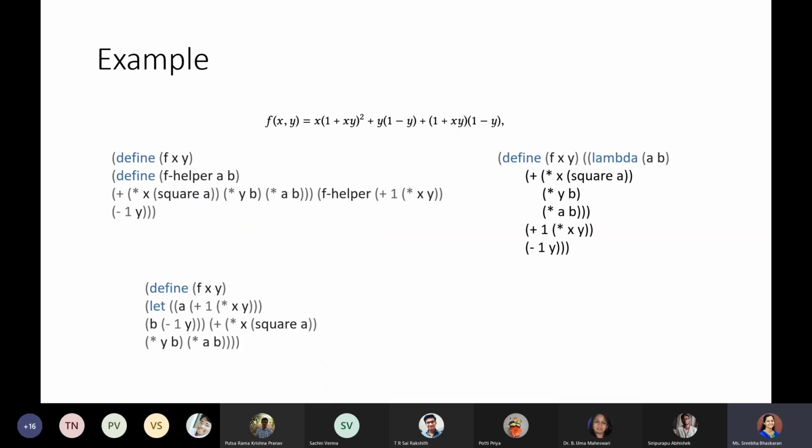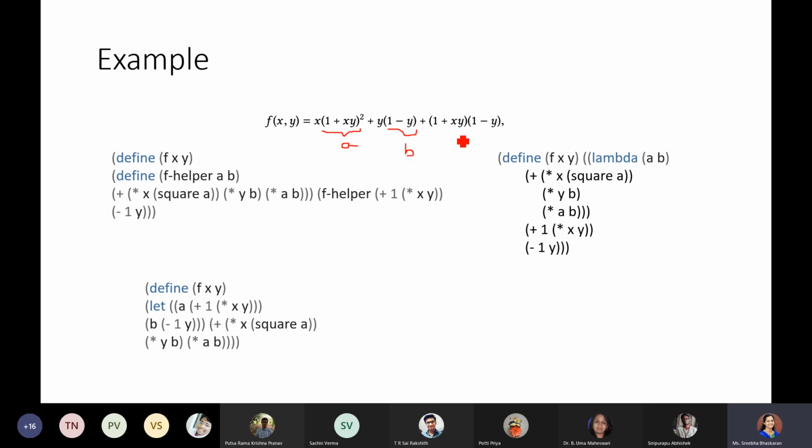So as a conclusion for this, if you see this expression, that is function of x and y, if you are passing the input for x and y, this expression we have to solve. What we have done is we have represented 1 plus xy as the variable a, and 1 minus y has been replaced with variable b.